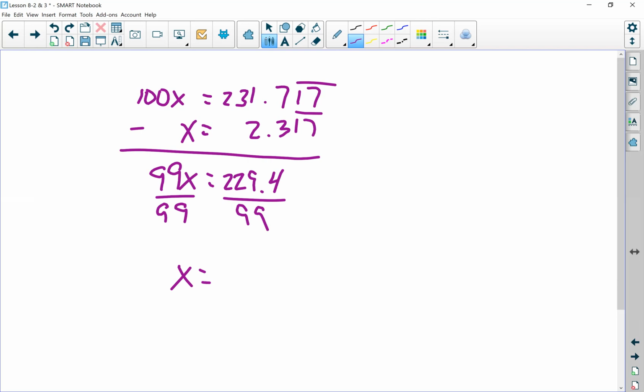Now, again, with your calculator, you can reduce this simply by using the decimal, right? You could put it in as 229.4 divided by 99, and the graphing calculator should simplify that, no problem.